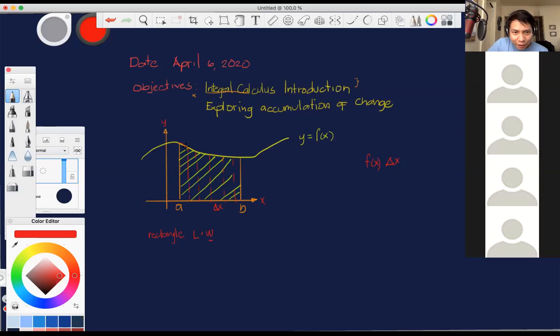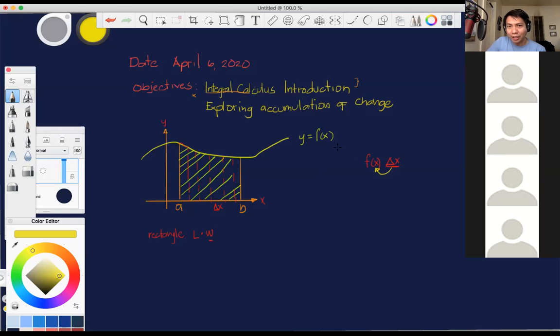So for each strip, you are going to have a delta x, which is being multiplied by your f of x. That's for each strip. Now, how do we figure out the area of this entire shape? What should we do? You would add all of them together.